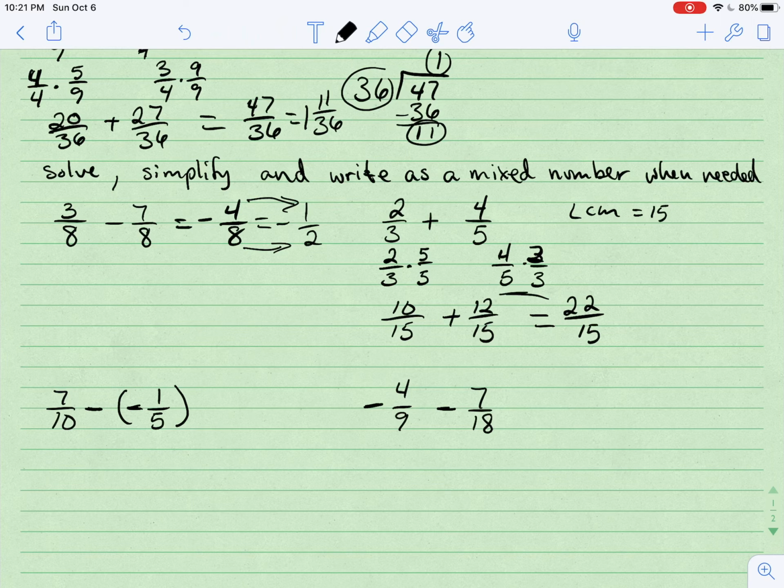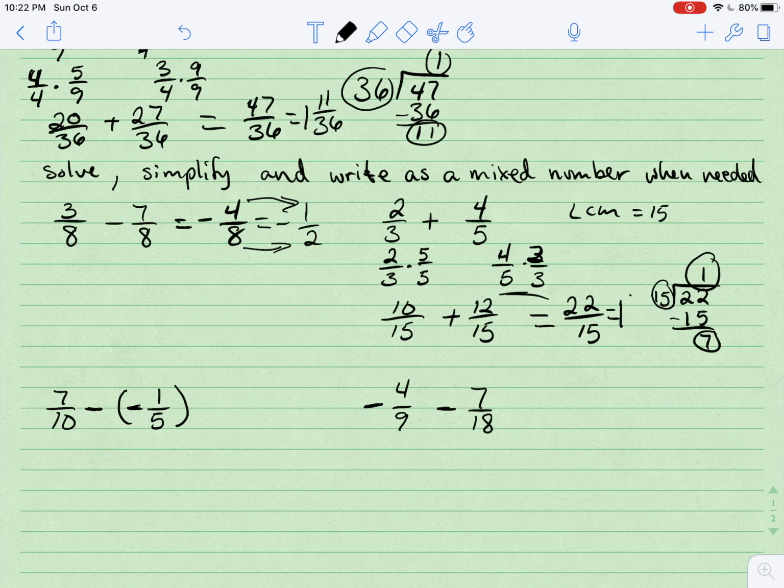Okay, and once again, we can write this as a mixed number. 22 goes under the bracket. 15 goes out in front. 15 going into 22 once. 22 minus 15 is going to give us a remainder of 7. So once again, our whole number, numerator and denominator.